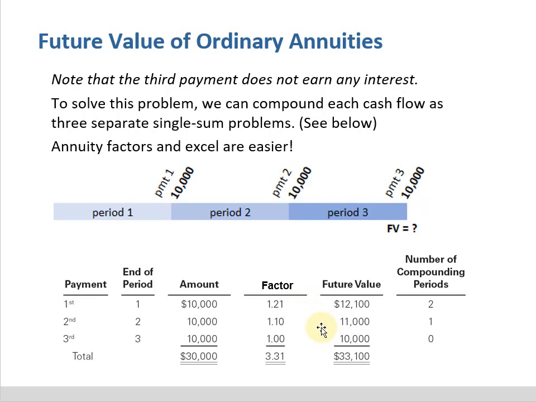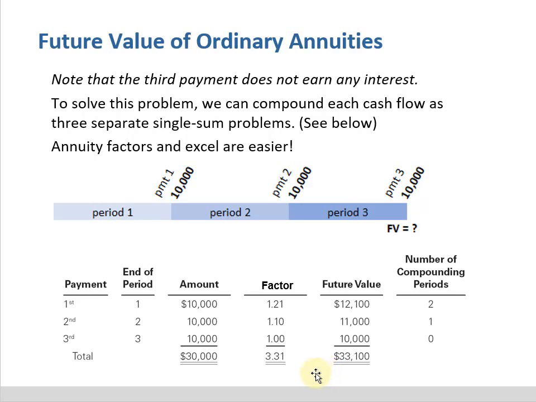The second payment of $10,000, we'd use the factor for 10% 1 period, it would turn into $11,000, and the third payment would just be $10,000. If you add them all together, you have $33,100, and that's the future value of that annuity of $10,000 per year for 3 years.